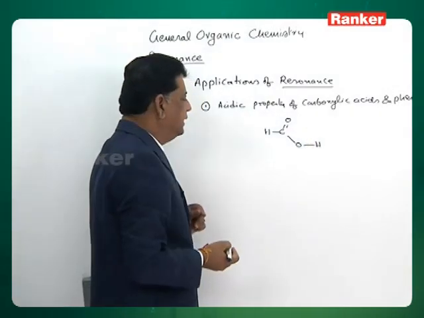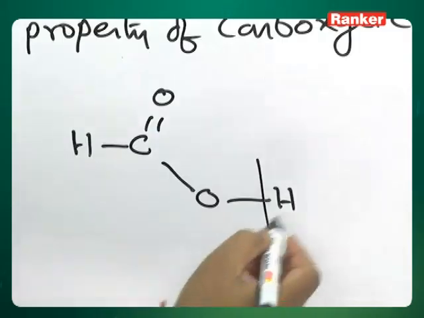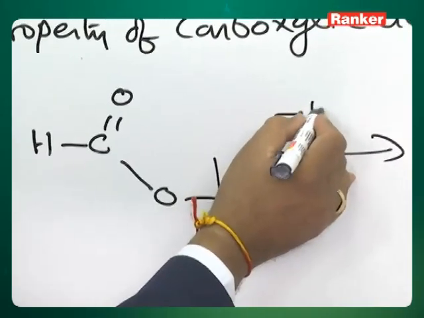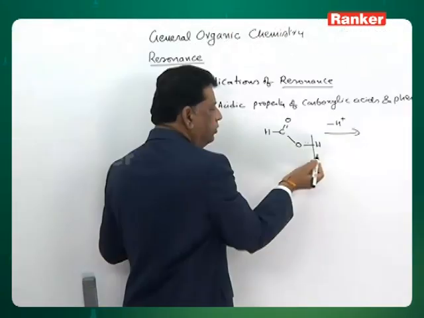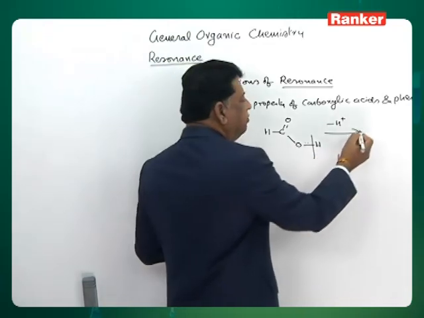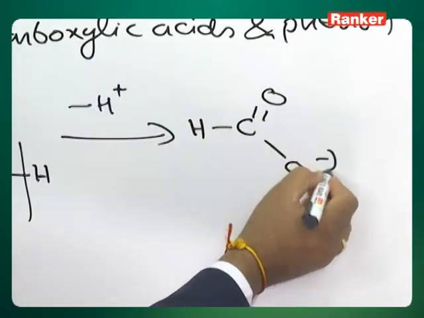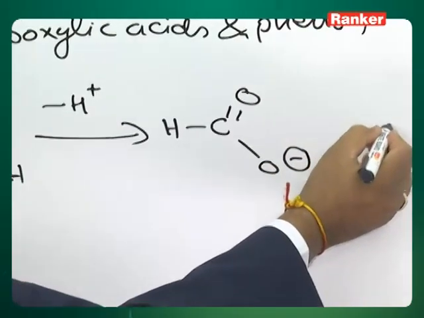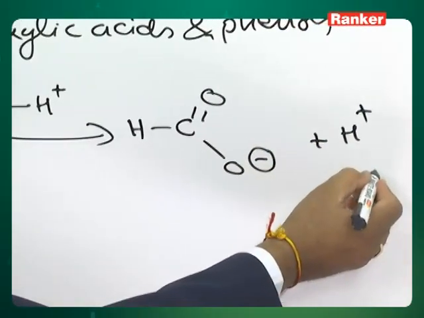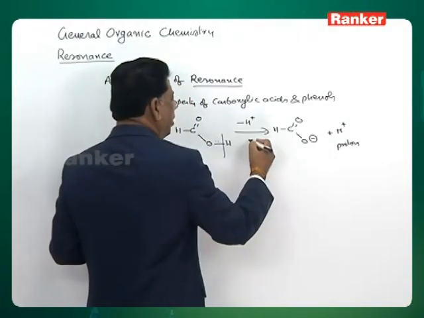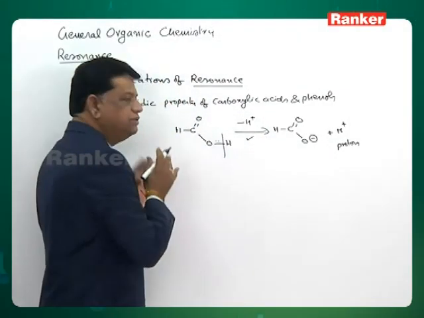Now formic acid, if it gives a proton, taking the 2 electrons to the oxygen, it will become a formate anion plus a proton. So the proton-giving property is ready for this formic acid.